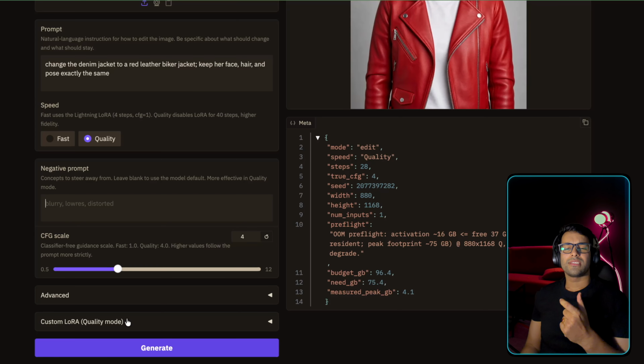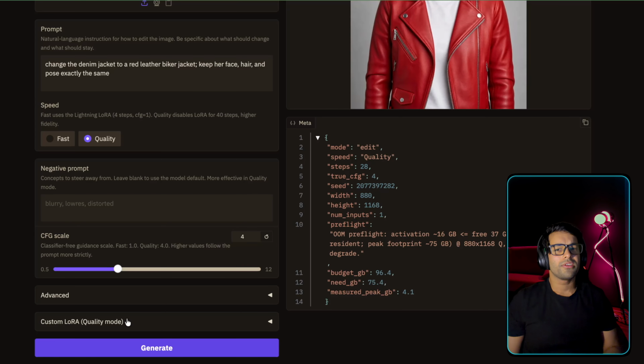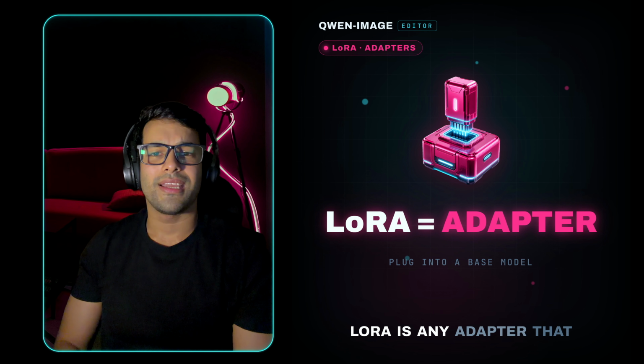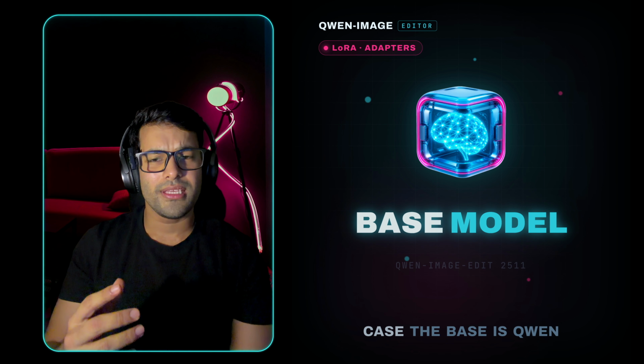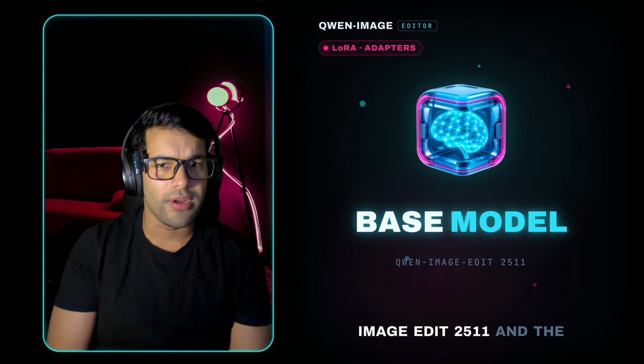First, let's understand what is LoRA. In one of my previous videos, I will add the link, I explain in short what LoRA is, but for the people who are hearing the word for the first time, LoRA is any adapter that you can plug into an existing base LLM. In this case, the base is Qwen Image 2511.